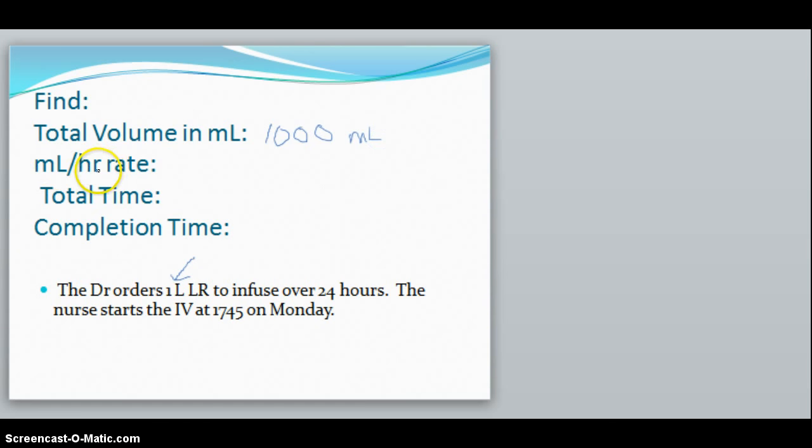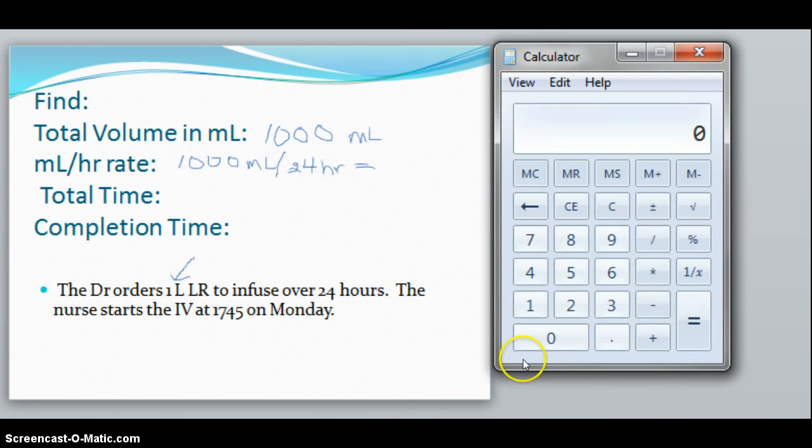The milliliter per hour rate is just to take the milliliters and divide by the hours because the labels tell us what to do. So here I have 1,000 milliliters, and I'm going to divide that by the 24 hours that are given in the problem, and then I'm going to just simplify my answer. So I go to my calculator and I have 1,000 divided by 24.